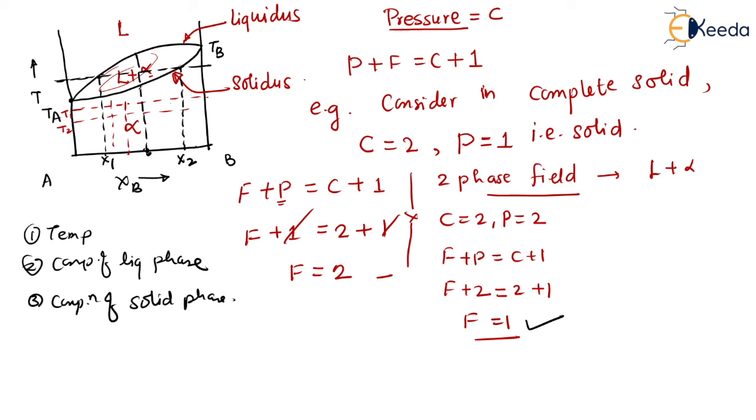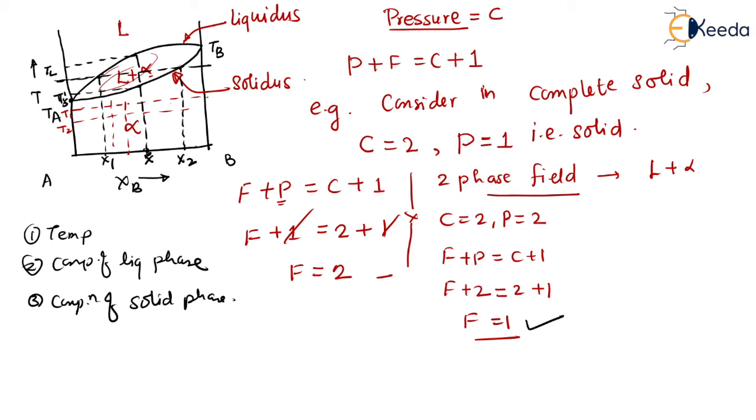Then definitely the temperature, say T dash or T at the solidus, and the temperature at the liquidus is getting fixed, isn't it? So that is the meaning of this F equal to 1 in this phase diagram, right?